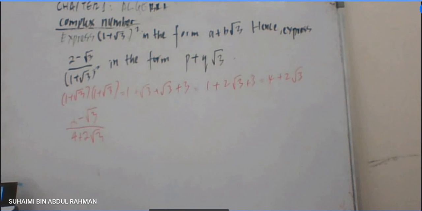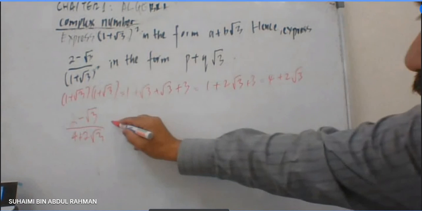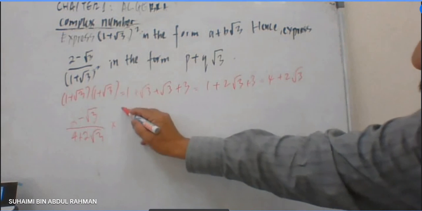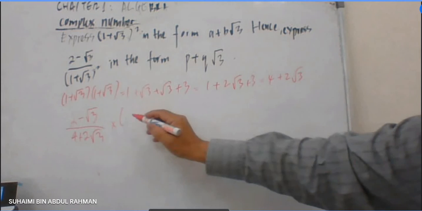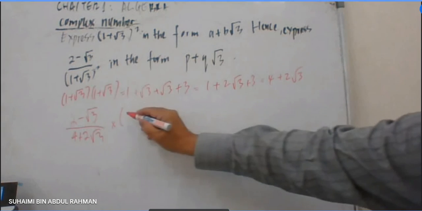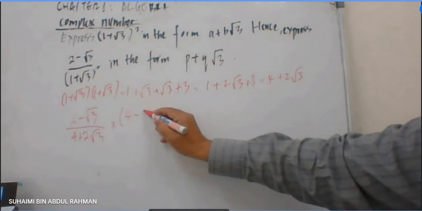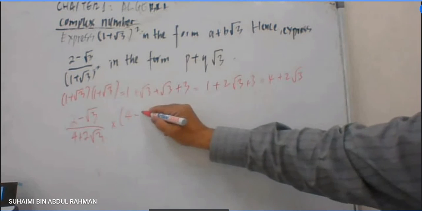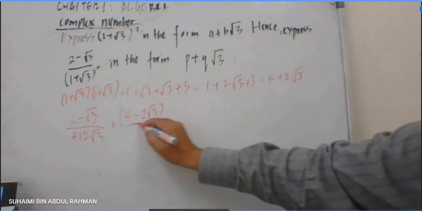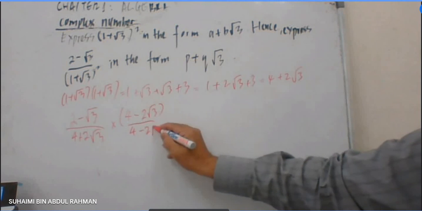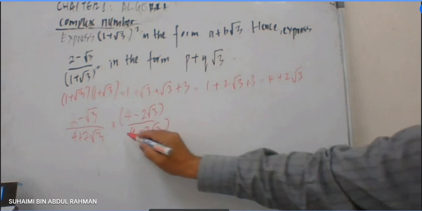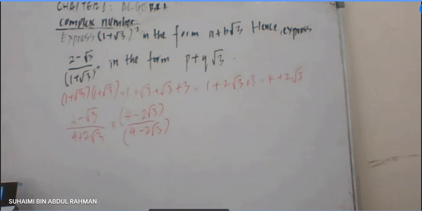What is the conjugate? 4 minus 2 square root of 3. Multiply by the conjugate.